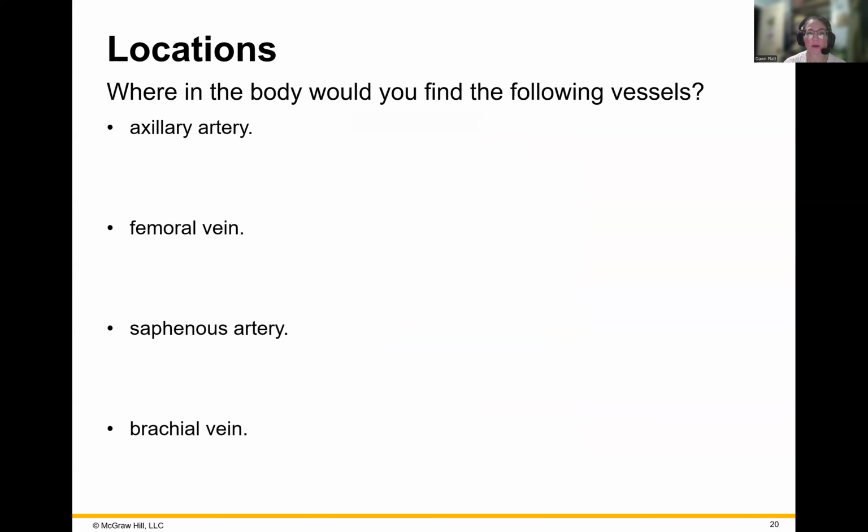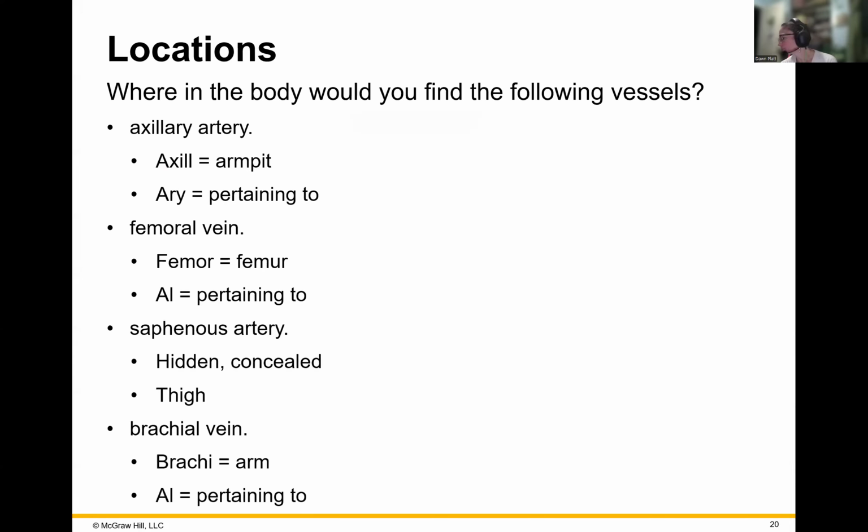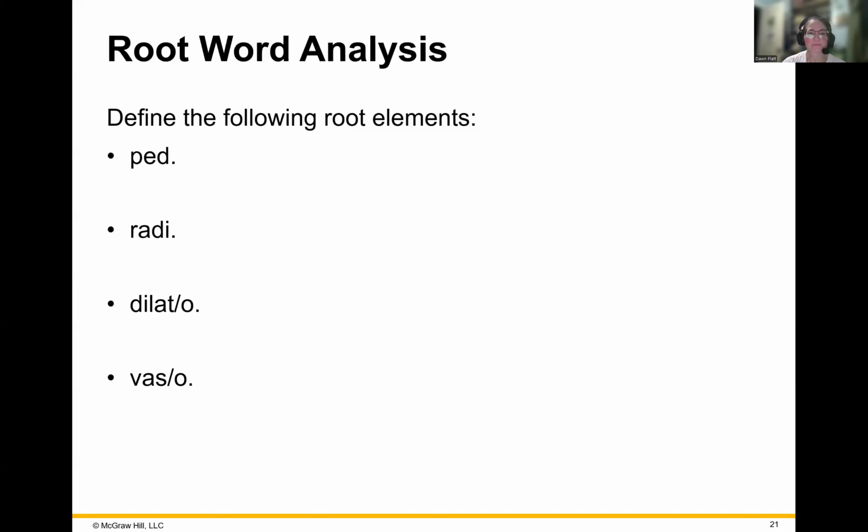All right, so where in the body would you find the following vessels? Some other root word elements?